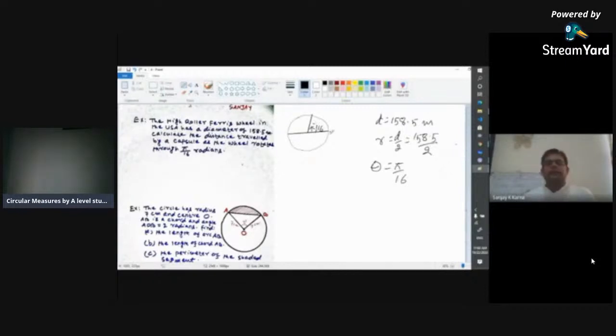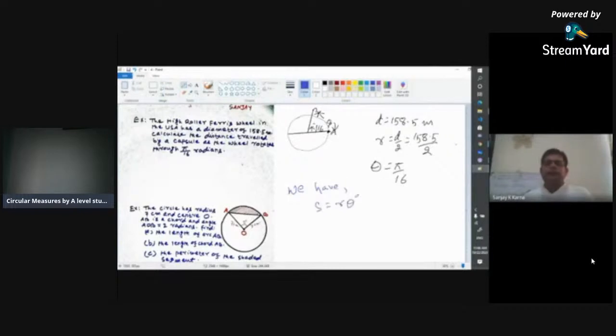So suppose that the wheel's starting point is here, you can say this is A, and it reaches B. You need to find this distance S traveled by the wheel. We know the relation between S, R and theta: S equals R theta.